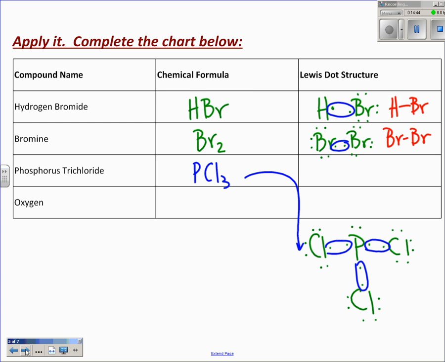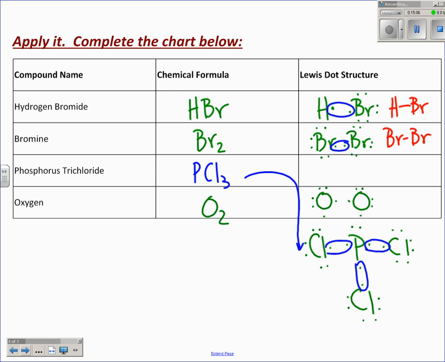The last example is oxygen. Oxygen, remember, is a diatomic again, so it's O2. We have oxygen, which has 6 valence electrons around it. The other oxygen has 6 valence electrons around it. What do you notice? How many bonds is it going to form?